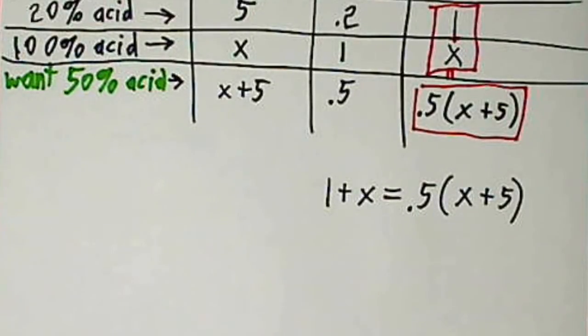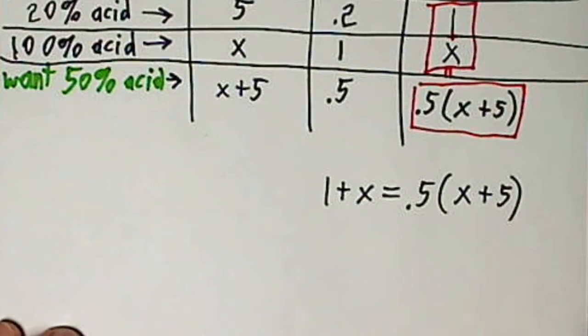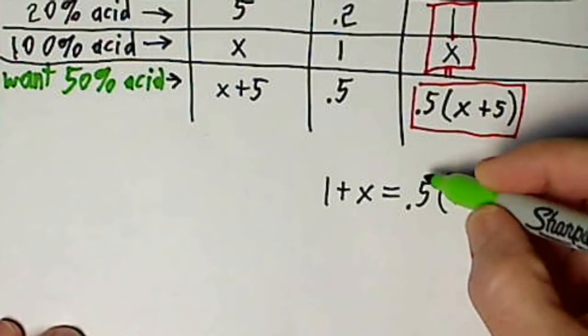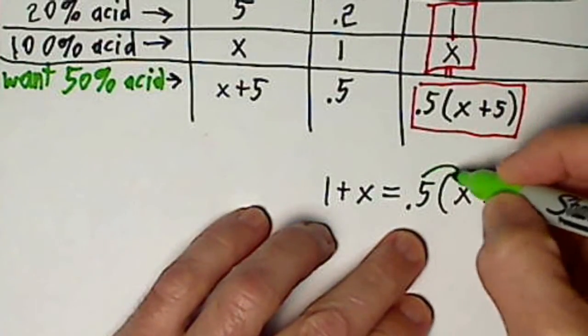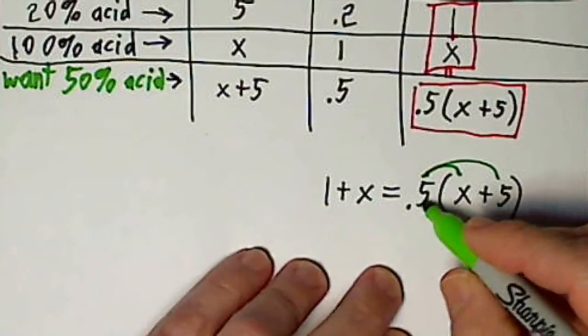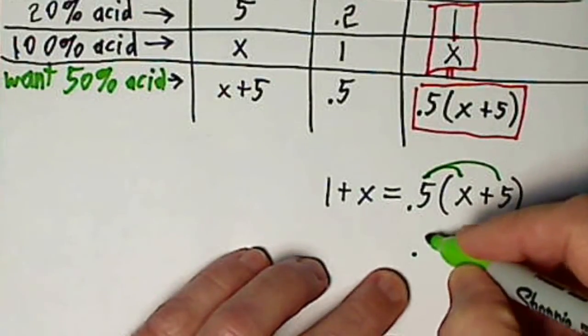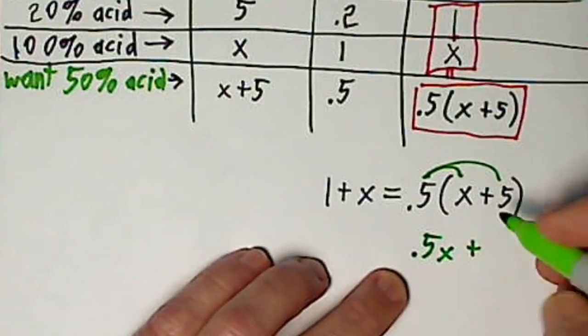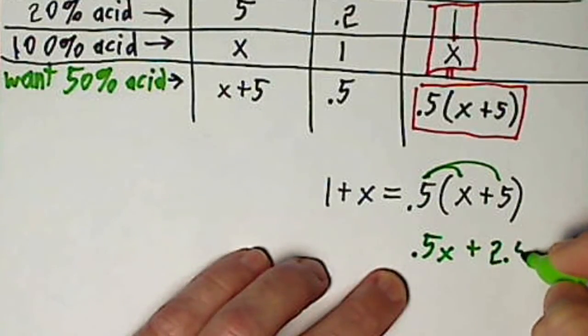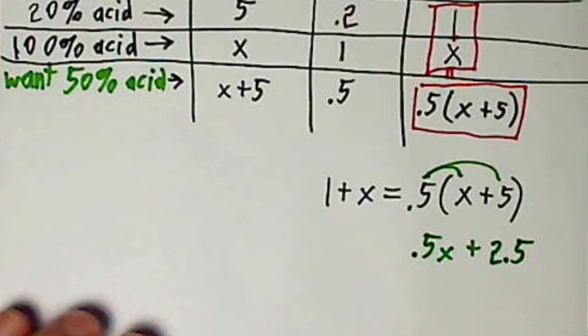and now we're going to solve for x. I'm tempted to get rid of the decimal here. I'll put up with it. Doesn't look that bad to deal with. So we'll distribute that 5/10 to each term. And when I multiply that, I would get 2.5, 2 and 5/10.